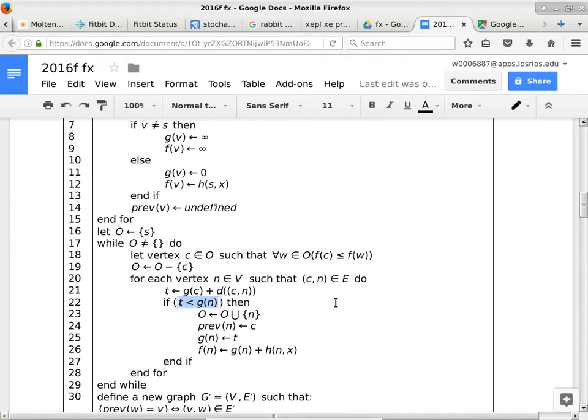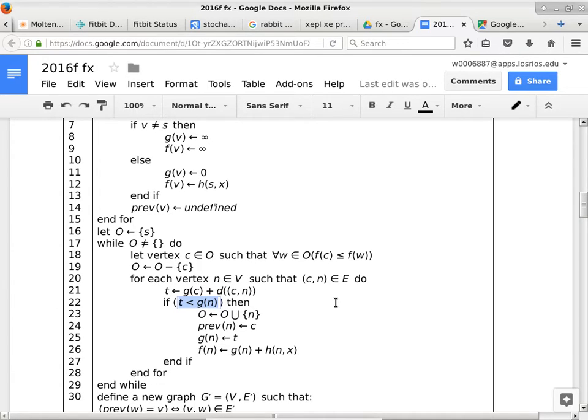What if T is less than G of N? Why is that important to me? That means you found a new path that is shorter to N. Exactly. If this condition is true, that means what I thought was the shortest path is not the shortest path anymore. Now that is important because I have stuff to do.